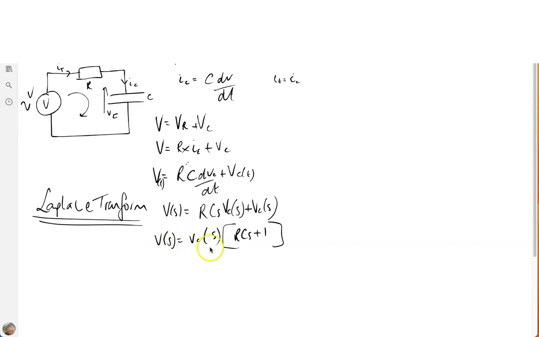If we bring the Vc of s across and take the other term across there, we end up with our transfer function, which as we can see is exactly the same as the one we previously defined. We're in the S domain here, and that's usually enough to find the output of this particular circuit.